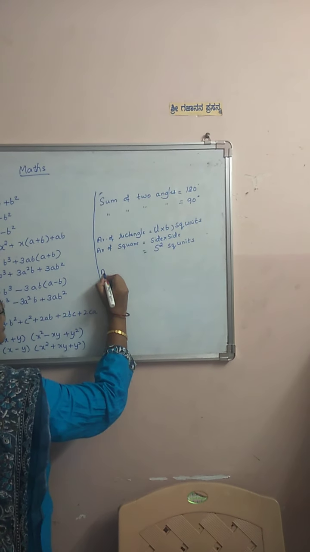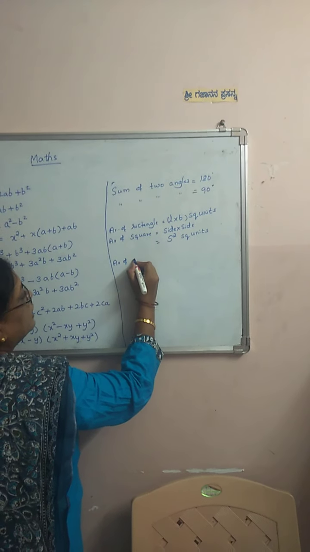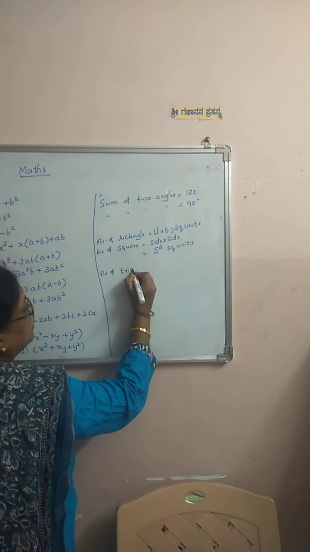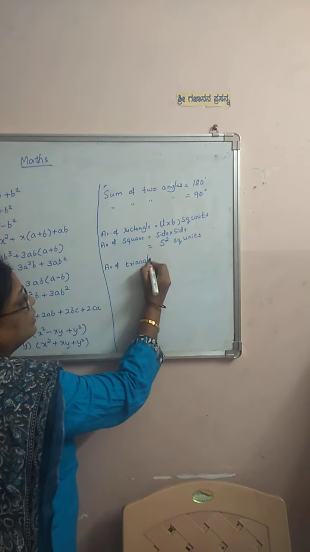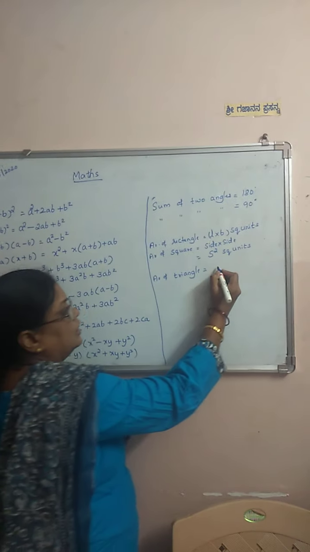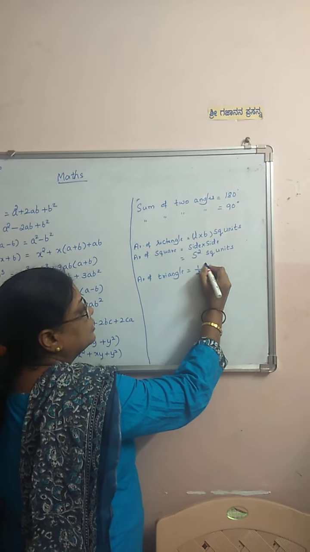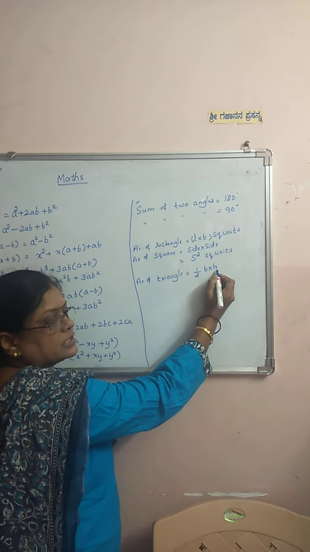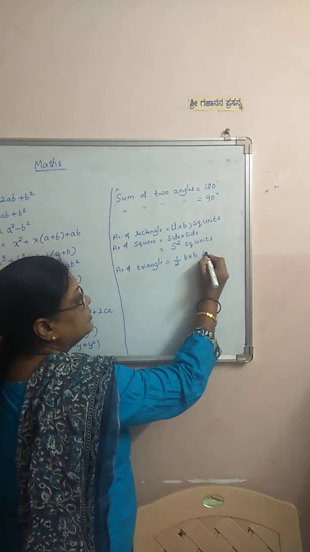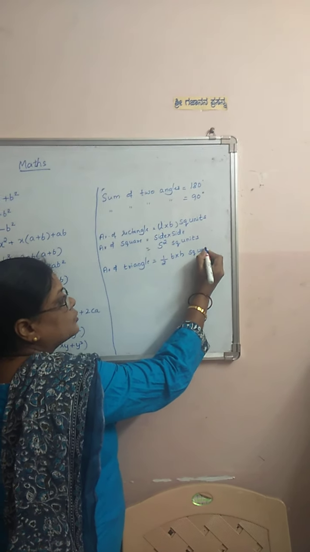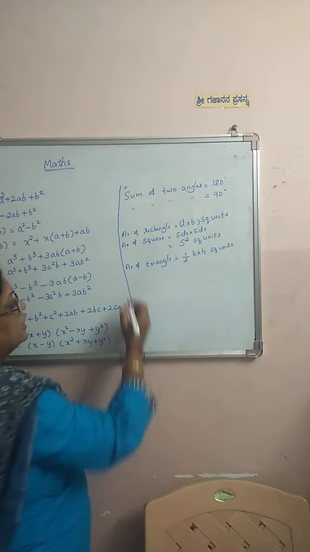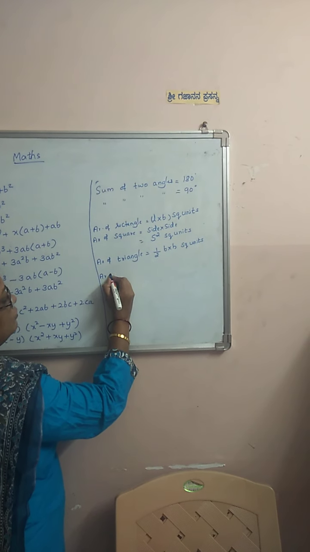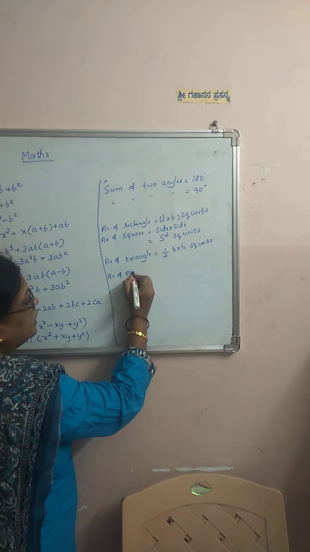Next comes area of triangle. Area of triangle is equal to what? Half, 1 by 2 into b into h, where b is the base and h is the height. This will also be calculated in square units. Then comes area of equilateral triangle.